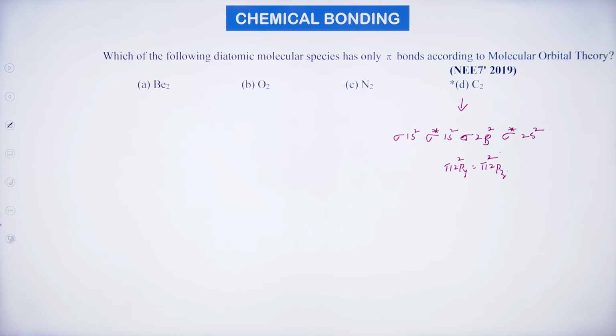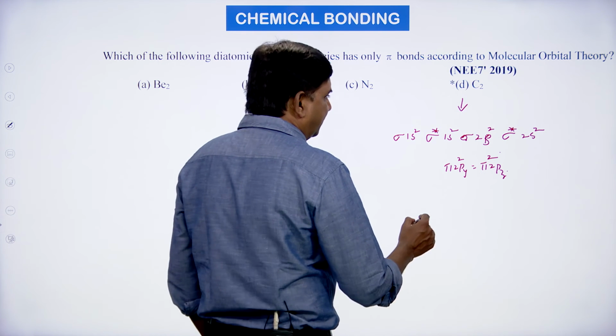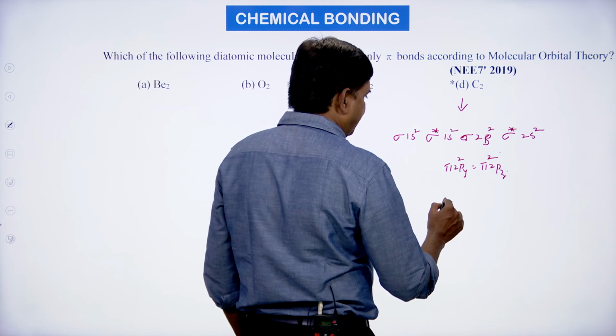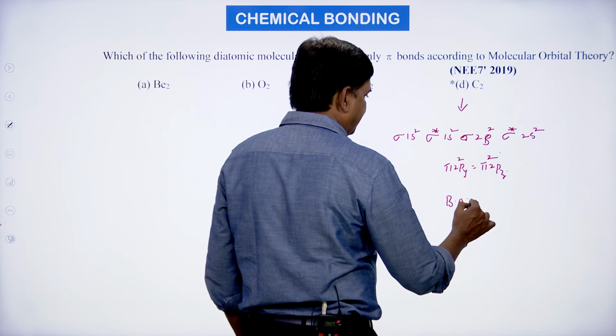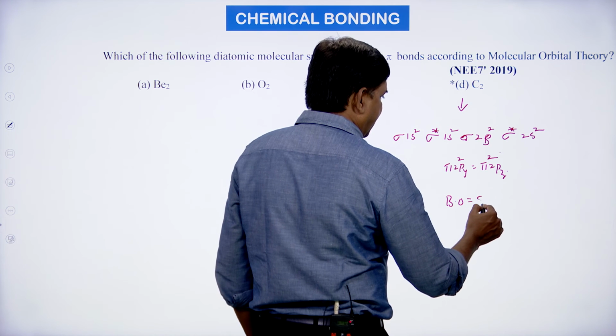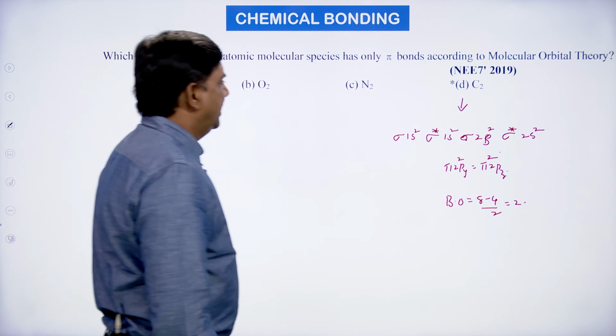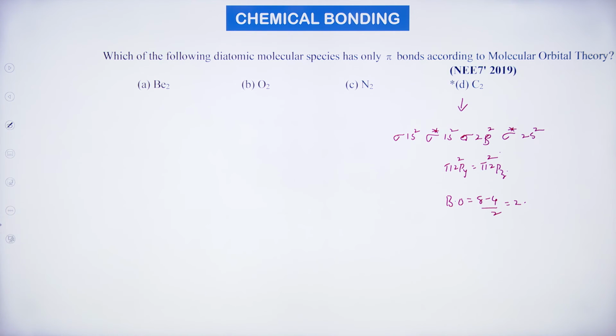So electrons are filled up in the pi orbitals. If you take the bond order of carbon, it would be (8 minus 4) by 2 is equal to 2, and electrons are filled in only the pi orbitals, pi 2py and pi 2pz. So the answer is carbon, students.